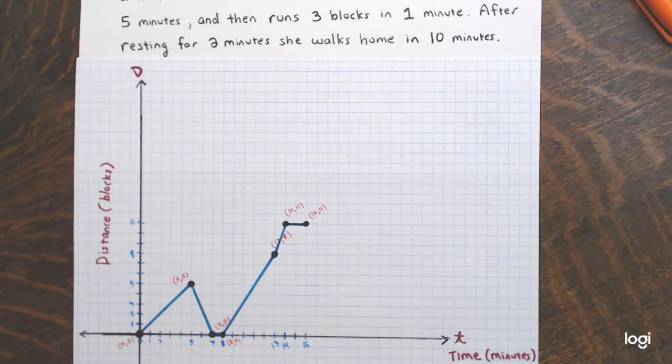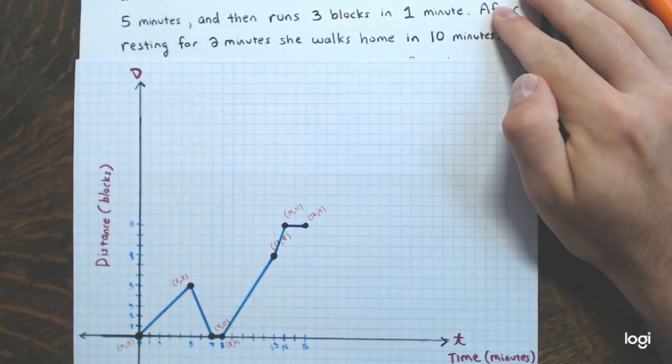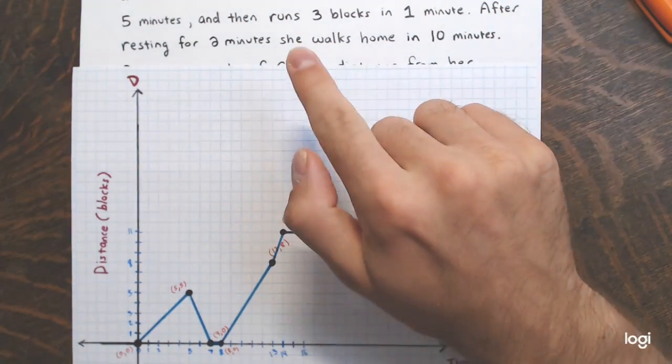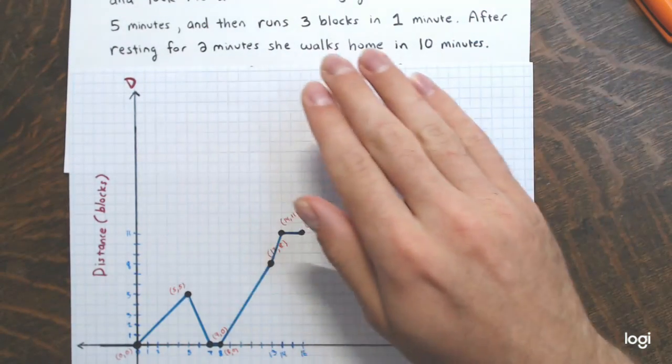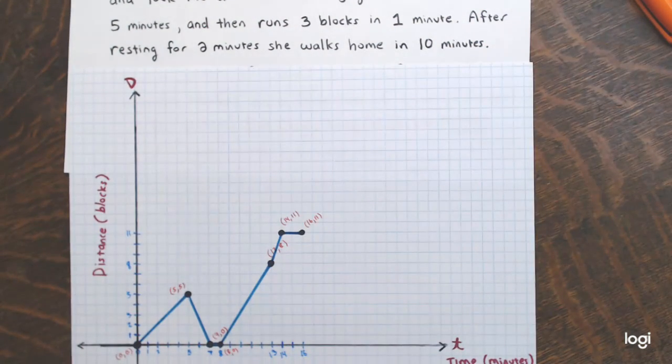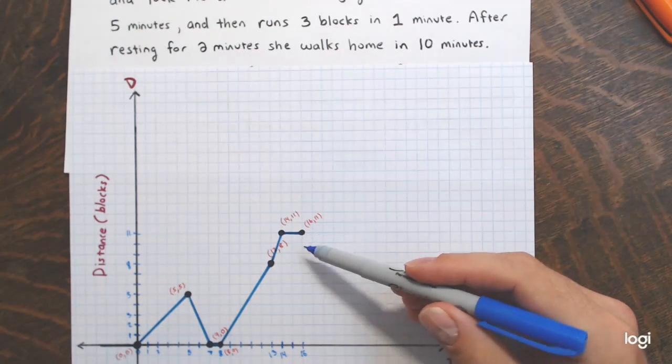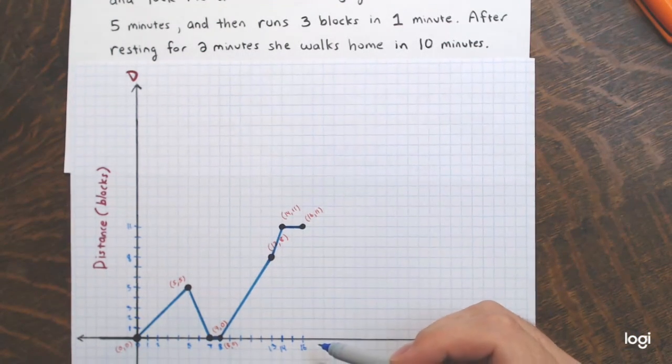And then finally, after resting for those 2 minutes, she walks home in 10 minutes. So she walks home. She actually gets back to her house, meaning she's 0 blocks away from her home. And this takes 10 minutes. So we were at the 16-minute mark, and this takes her 10 minutes.